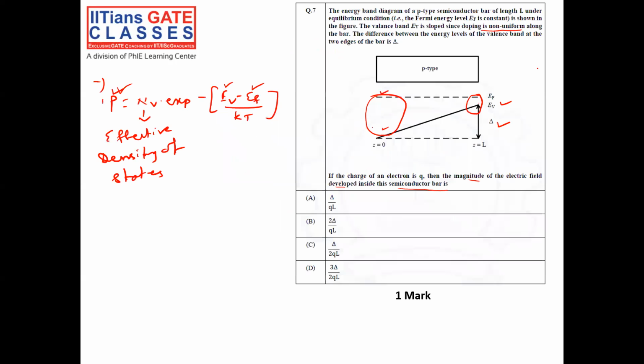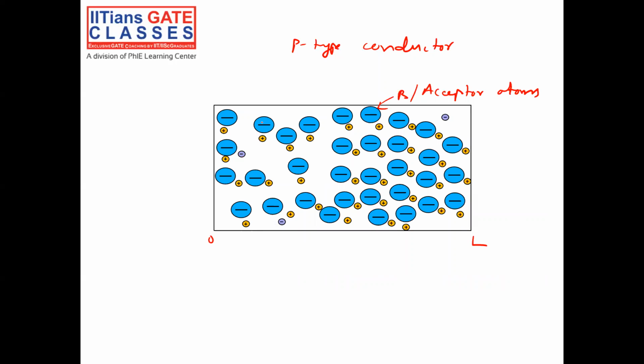It is saying that it is fully ionized, right? So you see, the doping is such that towards this end the concentration of holes is more, and from here to here the concentration goes on decreasing.